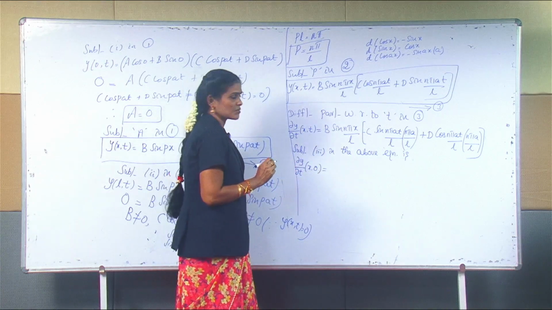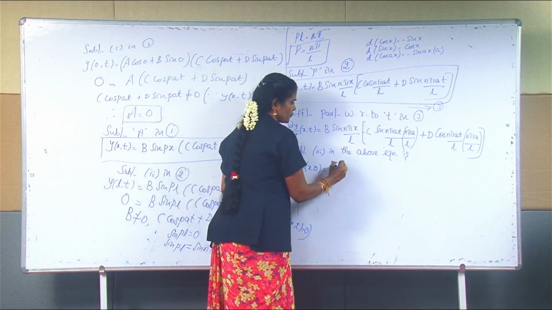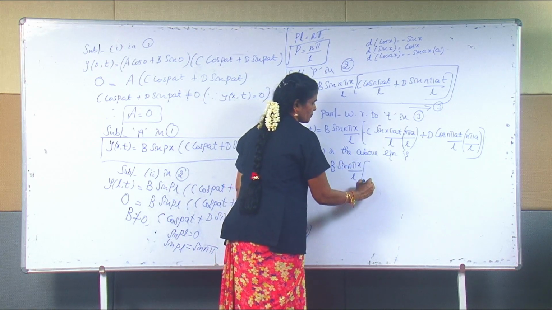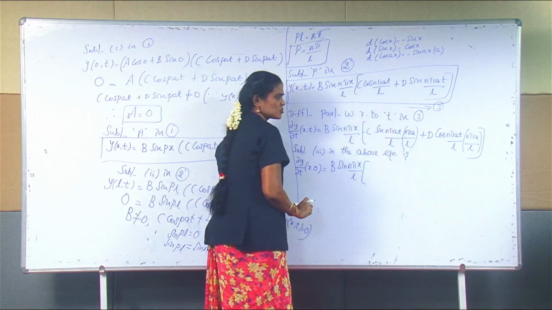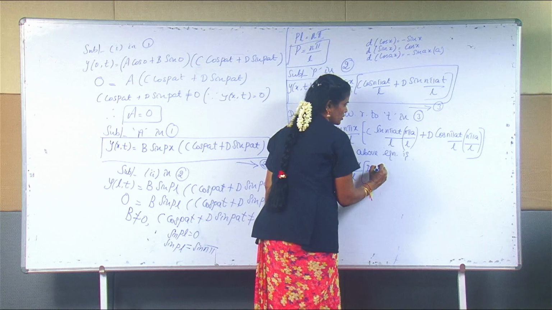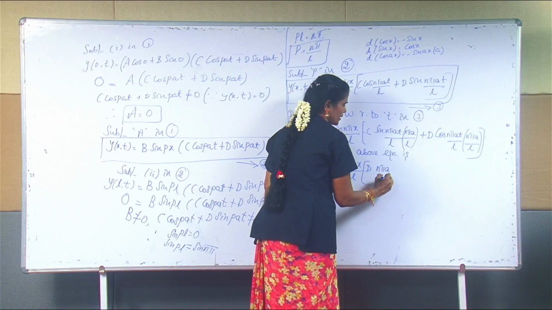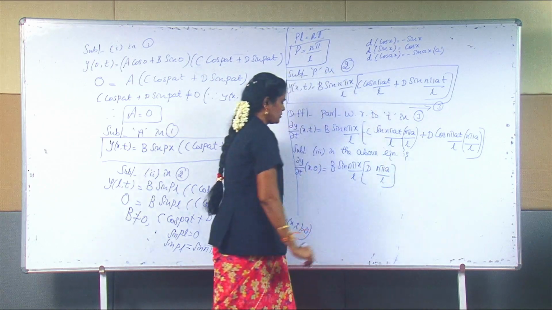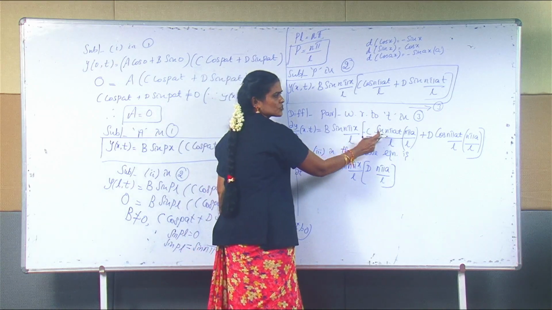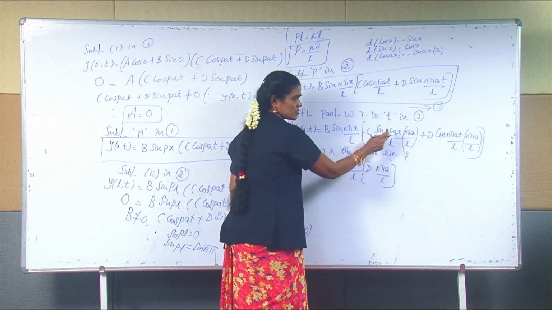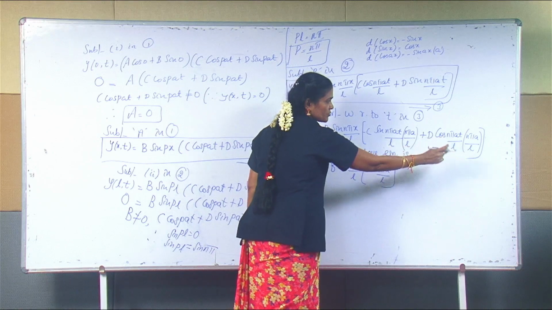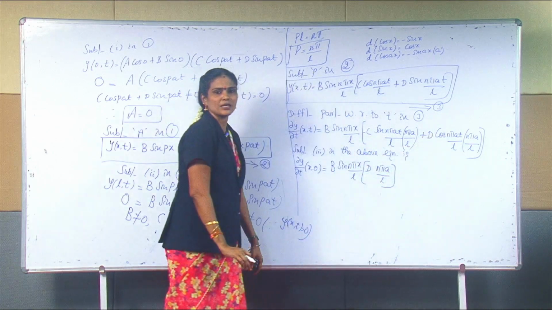It becomes b sin(n pi x by L) into minus c into sin 0, whose value is 0, plus d into cos 0, whose value is 1, so d into n pi a by L.